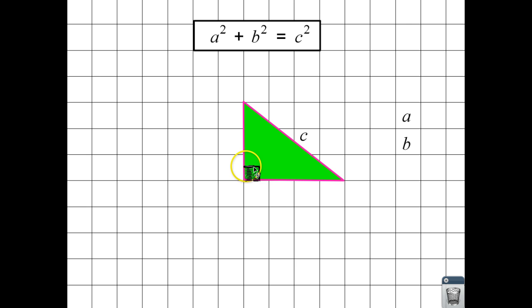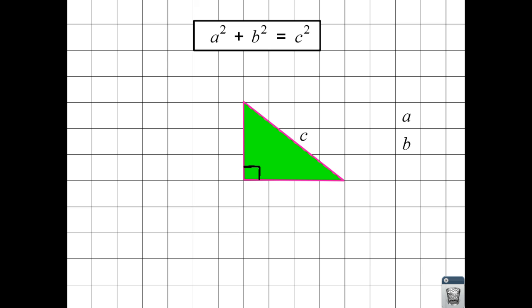So it's important to find the box, and then more important to locate the hypotenuse, because the hypotenuse will never change. C will always be that slanted line across from the box.